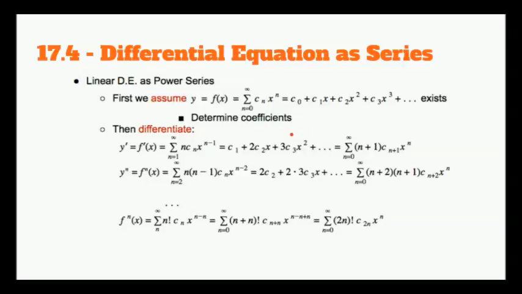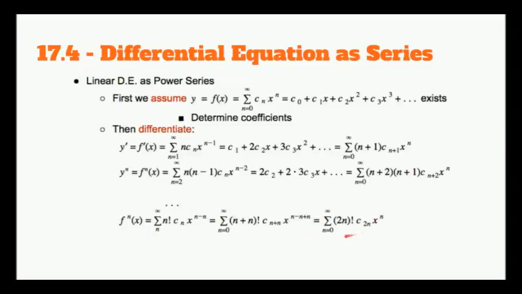Then we differentiate it. We get this series here, which ends up as a sum of n plus 1 times c(n plus 1) x to the n, and we differentiate it again, and you get a second order derivative here, and we put both of them together.